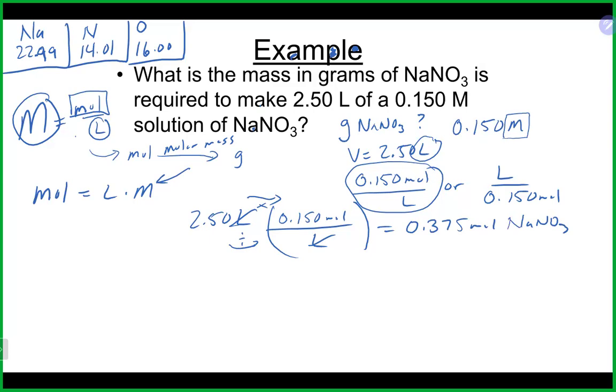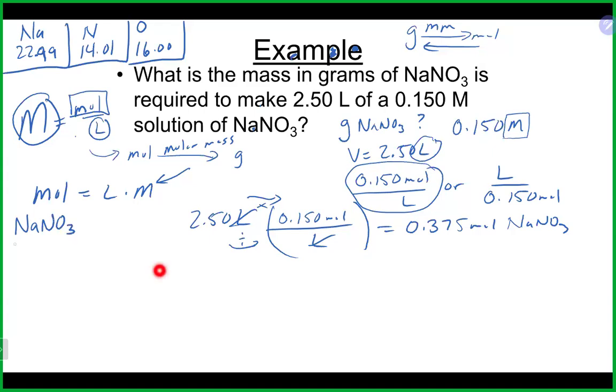So at this point, we're in moles, which is close to what we want, but we do want grams. Just like taking grams to moles uses the molar mass, if you're going backwards, it is still the molar mass from the periodic table. That's your conversion factor to do that. Remember, when we have something like sodium nitrate here, we're just going to add up all the parts to it.